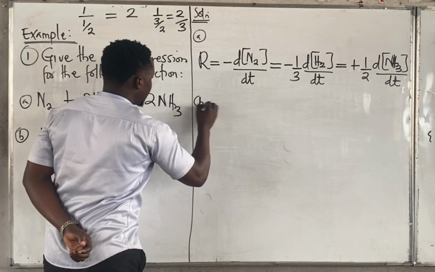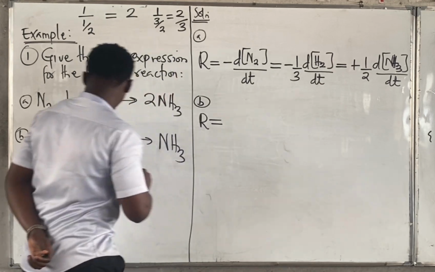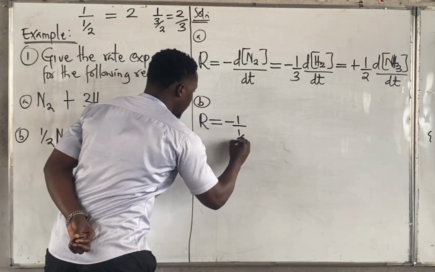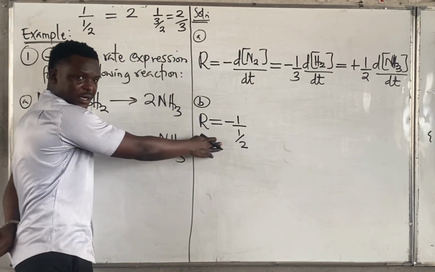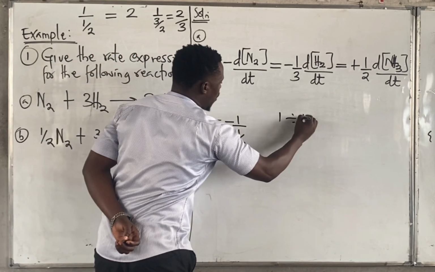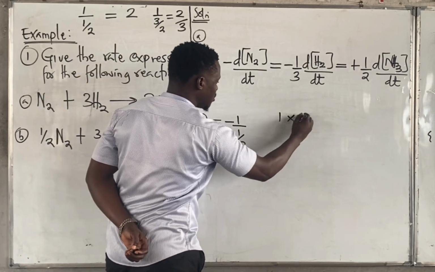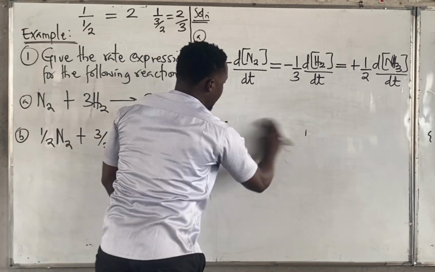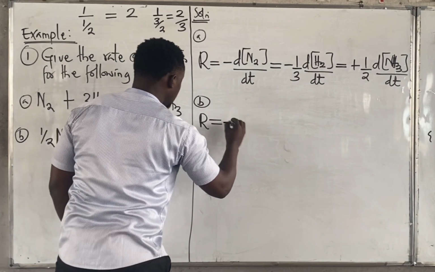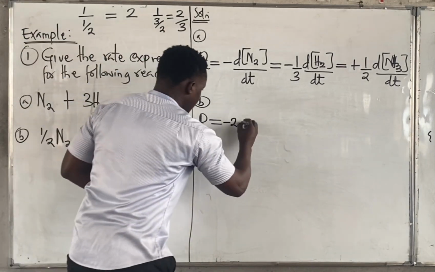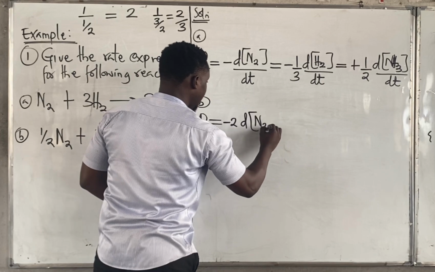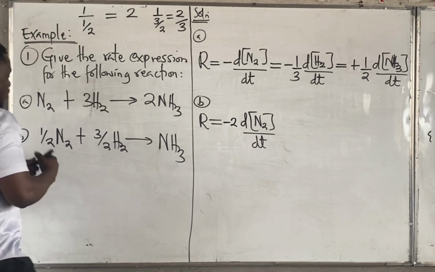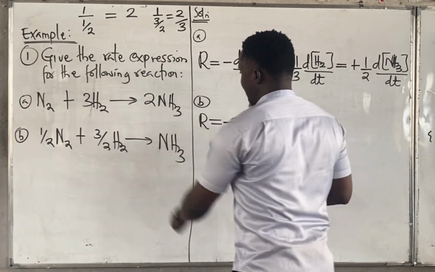In case you see that here. So for the second one, my rate is equals to, now this is actually 1 over 2. So I'll say minus 1 over 1 over 2. But I'm not going to leave it this way. Right? 1 divided by 1 over 2, based on our indices, becomes 2 over 1. So this place now would be minus 2, change in this, all over this. So 1 over 1 over 2 is 2. Now the next one is 3 over 2.